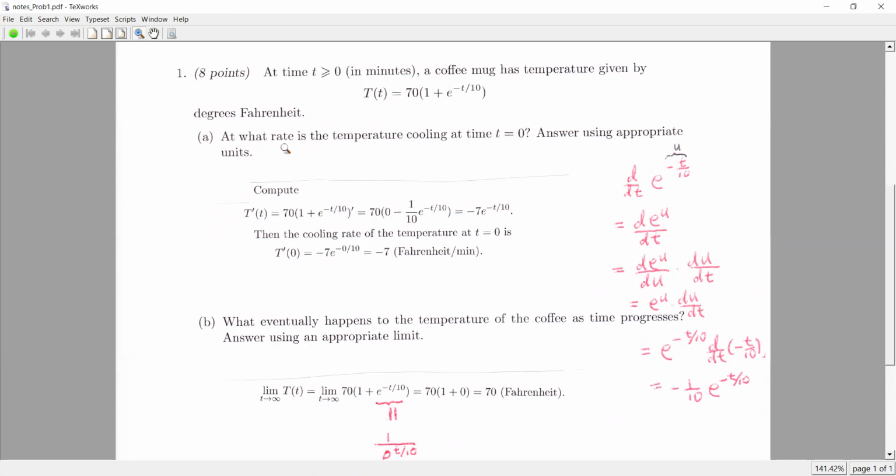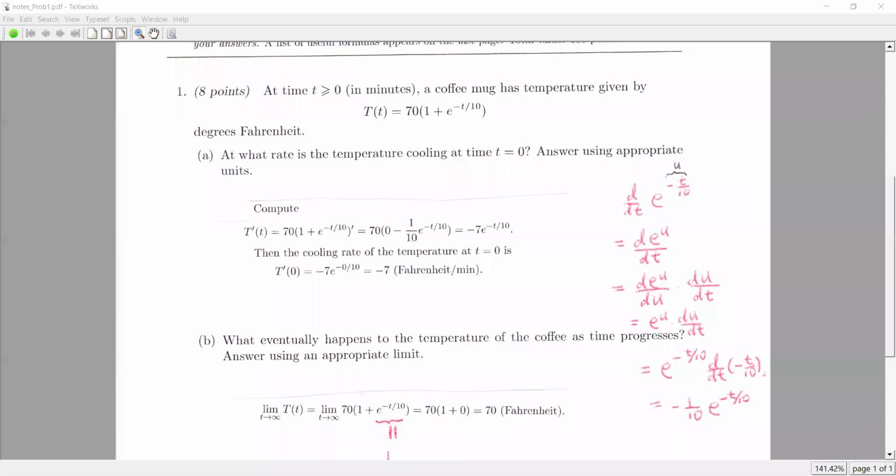A rate is a derivative. Part A asks for derivative at the instant when time is 0. To answer the question, I first compute the derivative at a general time t. After I get the derivative, plug in 0 in t.